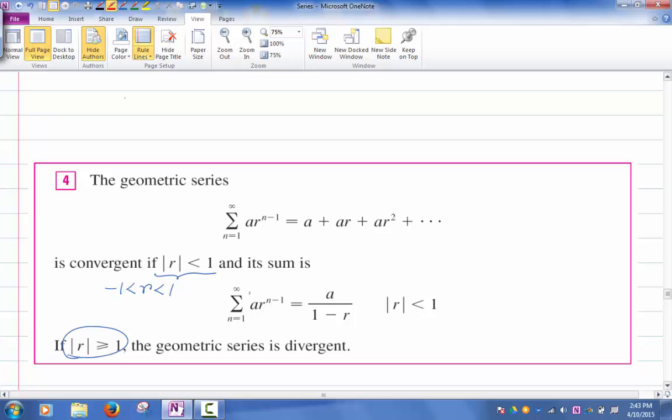Otherwise, I feel like I'm cheating here. So this is, let's say, k going from 1 to infinity. Let's take a geometric series, let's say, 2 divided by 3.